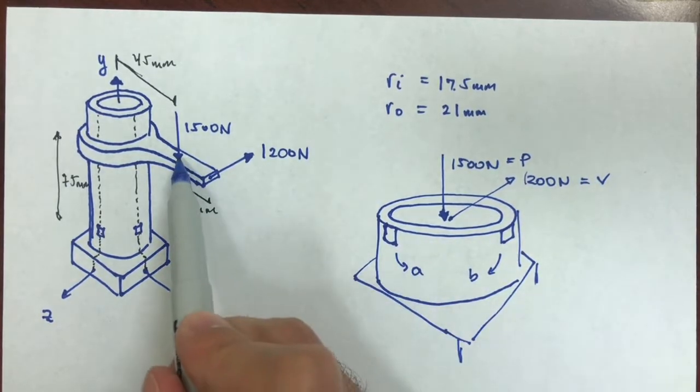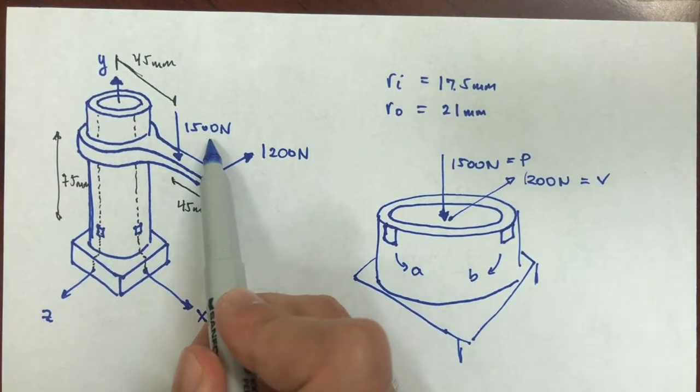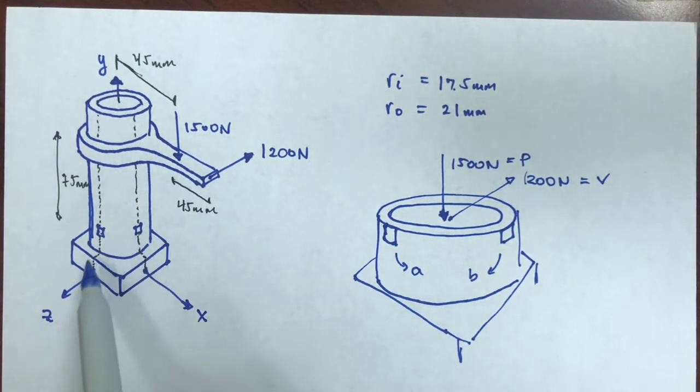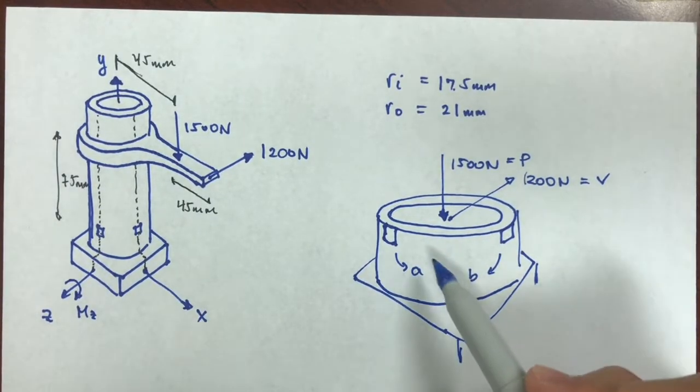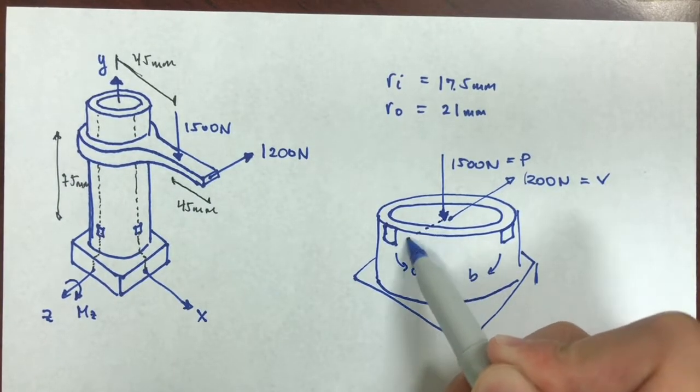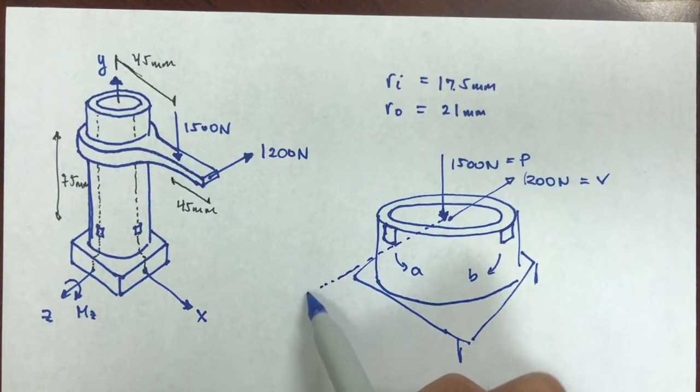Also, because there's a 1500 newton load at 45 millimeters away from the center, there's going to be a moment in the Z direction that I'm going to call M sub Z. I can just do that over this axis, which is the Z axis.